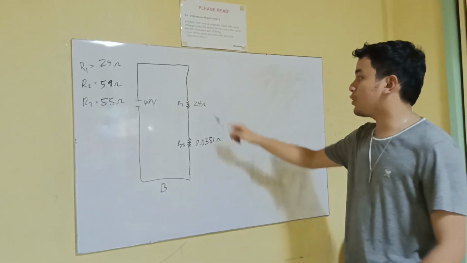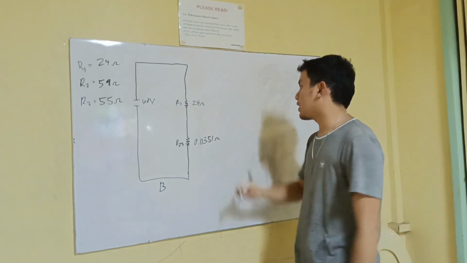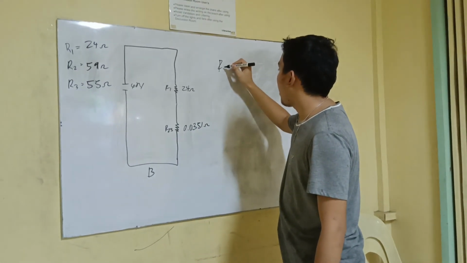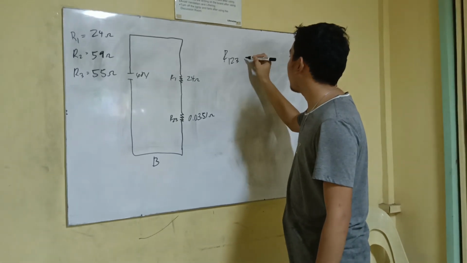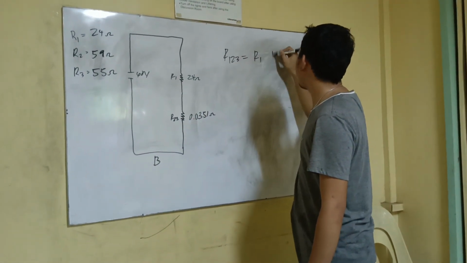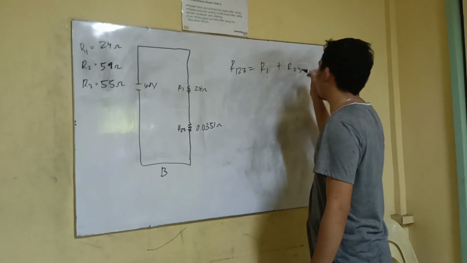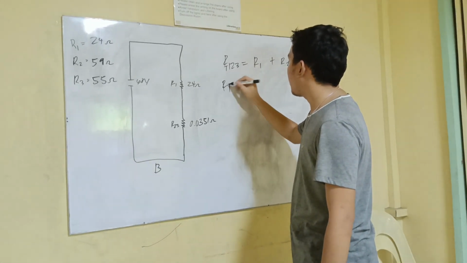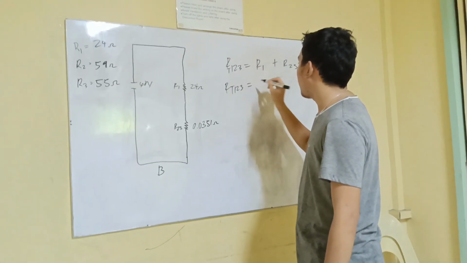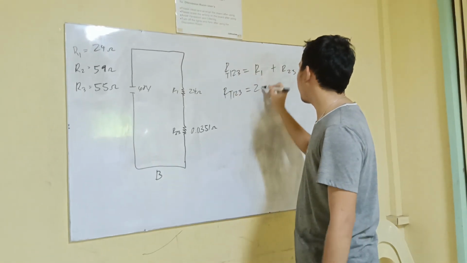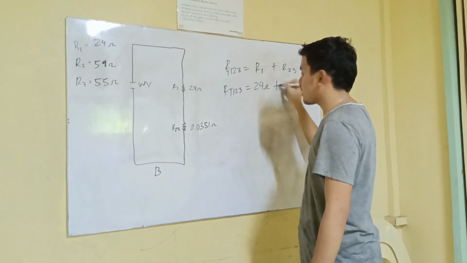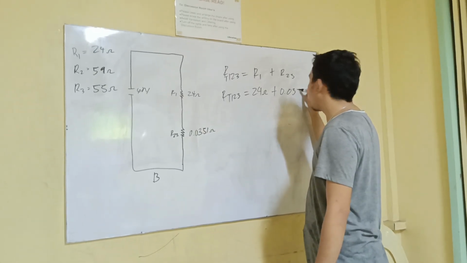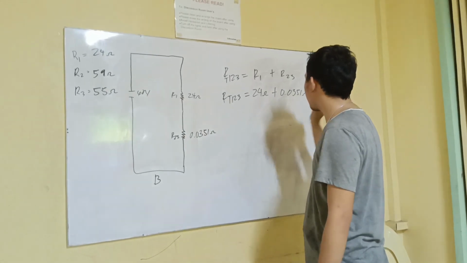Second, we're going to solve the series circuit. Our formula in series circuit is R total 1, 2 and 3 equals R1 plus R23. We distribute our values: R1 is 24 ohms plus R23 is 0.0351 ohms.